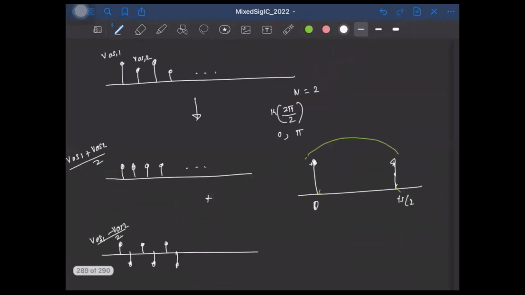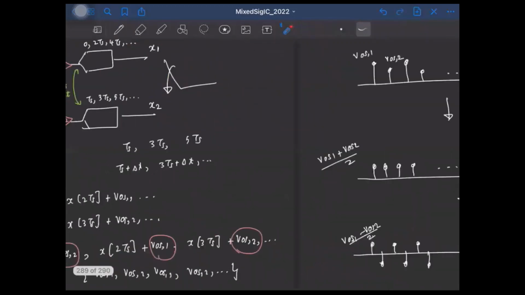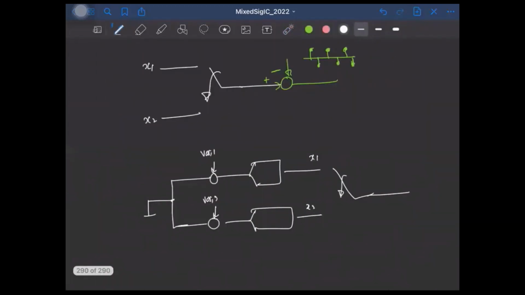So which means at the output, I'll not have any contribution due to this. I'll have only the error signal. So if I look at the output spectrum, I'll have only 2 tones, one at DC, one at Fs by 2, right? And looking at the strength of this Fs by 2 tone, I can back calculate what should be the strength of this signal, and I can subtract it to completely cancel the effect of this offset.